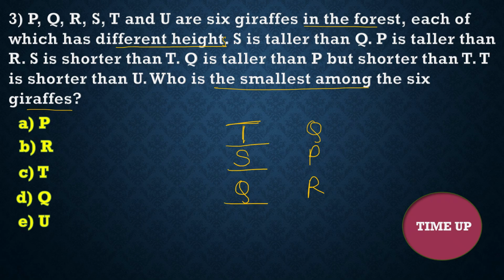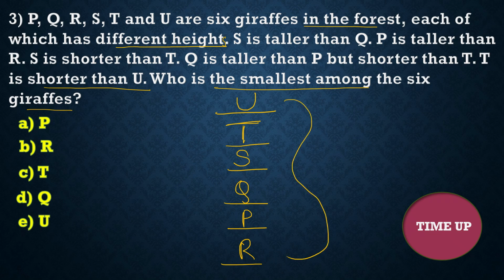Q is here also. So Q here, P and here R will come. This is how you will place them. T is shorter than U. So these are your 6 giraffes in the forest which have different heights. This ordering we have arranged them.